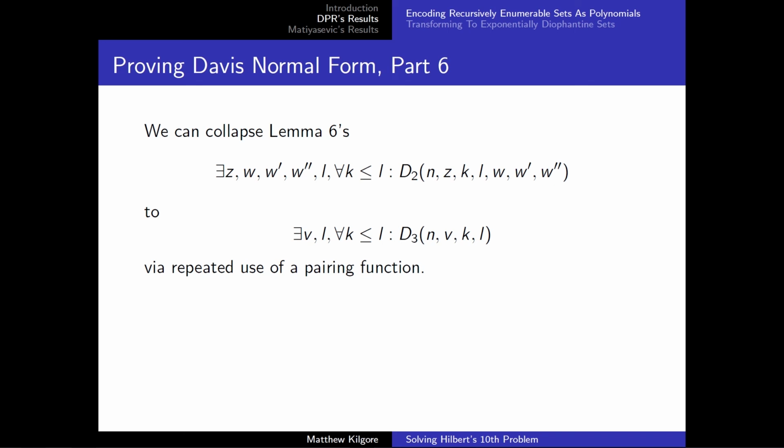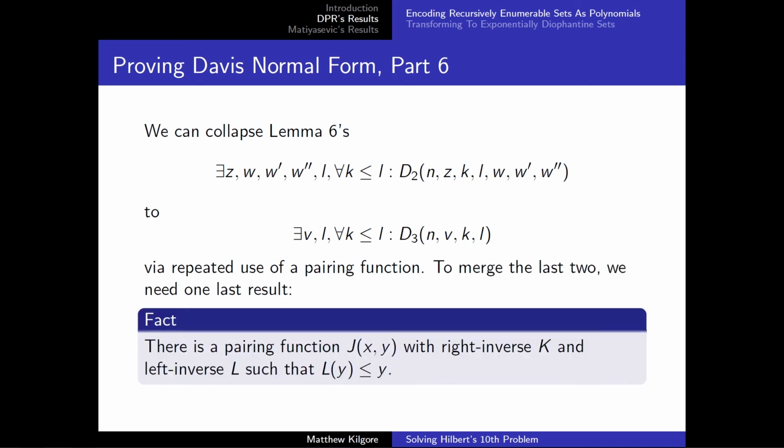Now, combining V and L together is a bit harder because L appears in the quantifier for K. In order to do it properly, we need a particular pairing function which Davis developed. Namely, it's a pairing function which he denotes as J of xy, with right inverse K and left inverse L. It has the nice property that L of y is less than or equal to y.